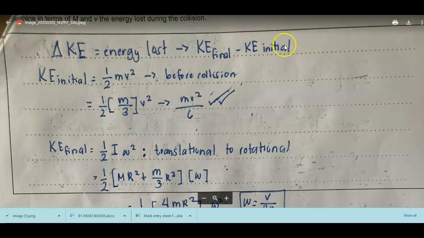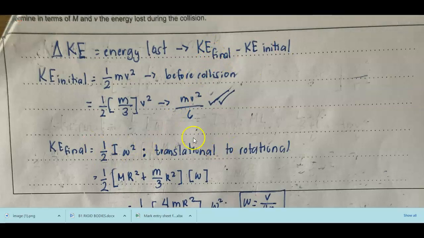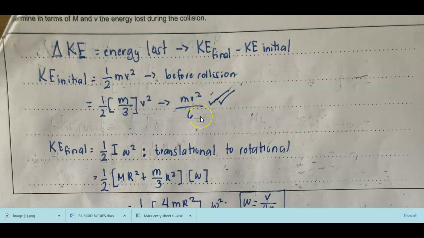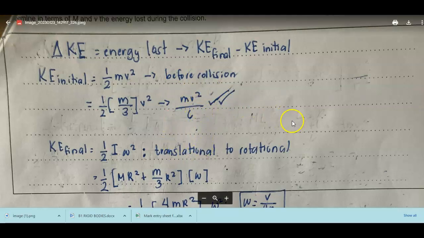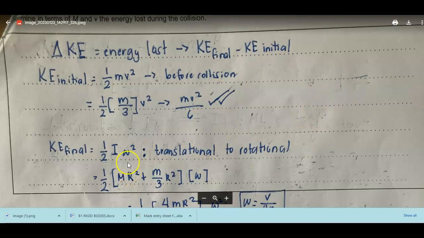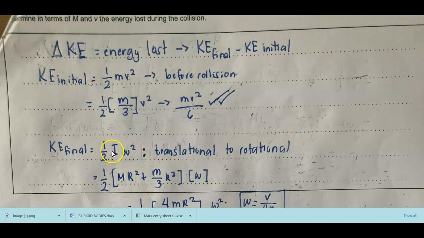Now, what will be the final kinetic energy? We know that the initial linear, or translational, motion will become rotational, because the problem says that after colliding, the bar will rotate. Therefore, we use the kinetic energy formula for rotational motion, which is 1/2 I omega squared.